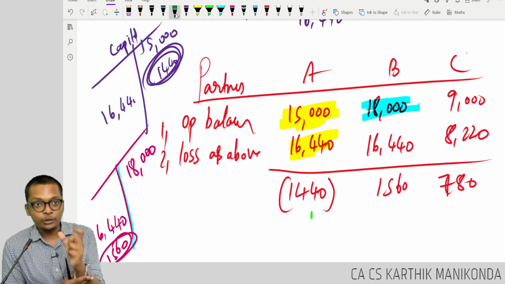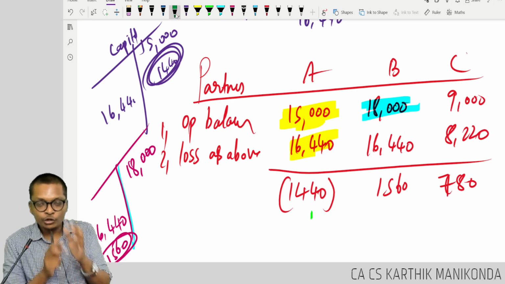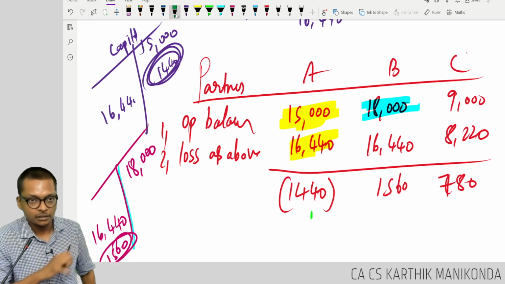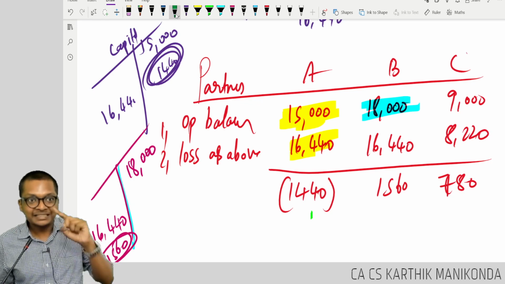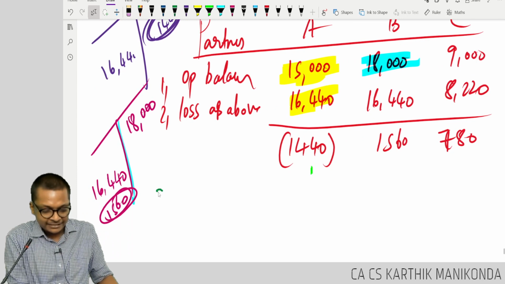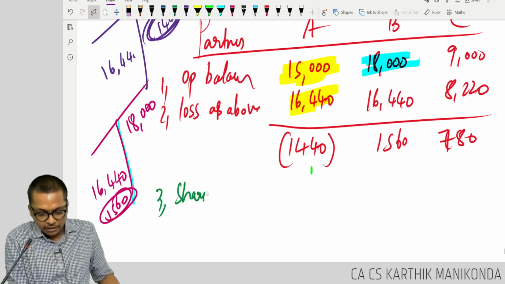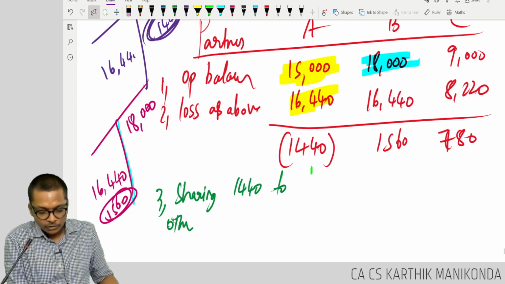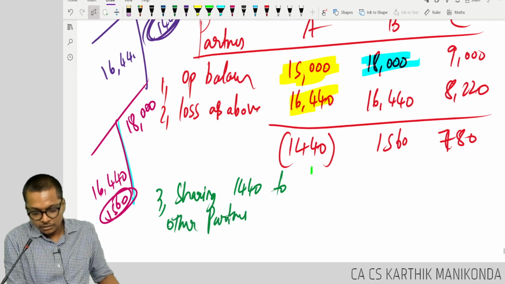That is the only part you should remember. Why capital ratio? You will understand when you see Garner versus Murray. Beautifully, I will explain that. Here, because it's a capital loss, we have to share this. So now next I will write 3. Sharing 1,440 to other partners in what ratio?